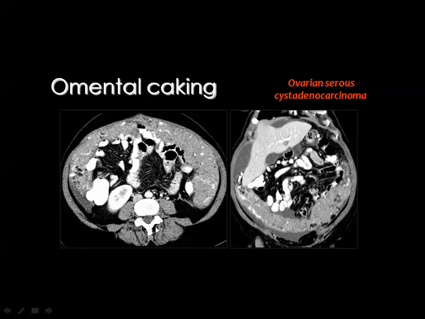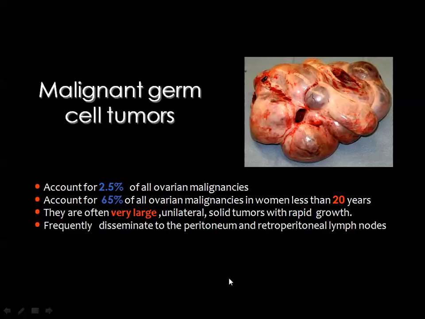And a good example of omental cake with a very big soft tissue mass behind the anterior abdominal wall, displacing the bowel posteriorly, and in the coronal reconstructed image, it conforms to, or is exactly located in, the anatomic site of the greater omentum.